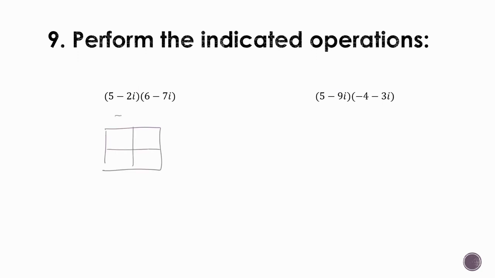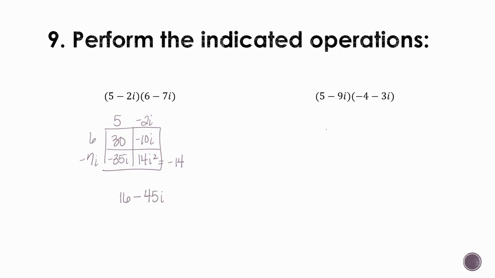Remember, it's easy to multiply the i's with the box. So multiply this out and then combine your like terms. Remember that an i squared is a negative 1. So we have 30 minus 14, which is 16. And negative 35 minus 10 is negative 45i.